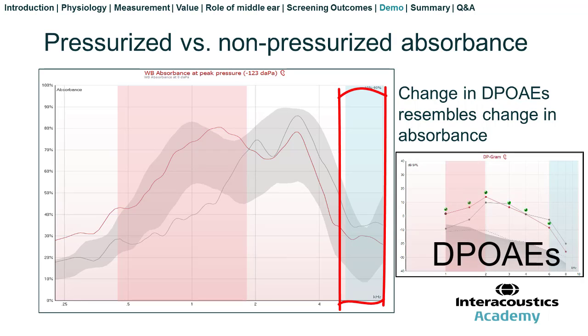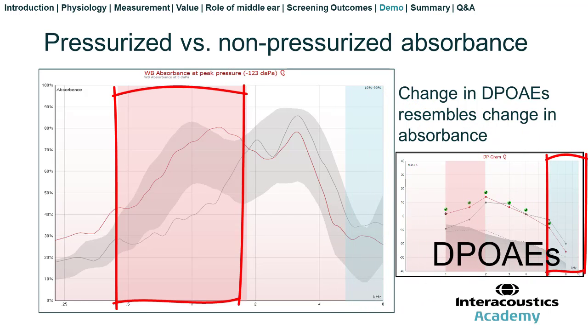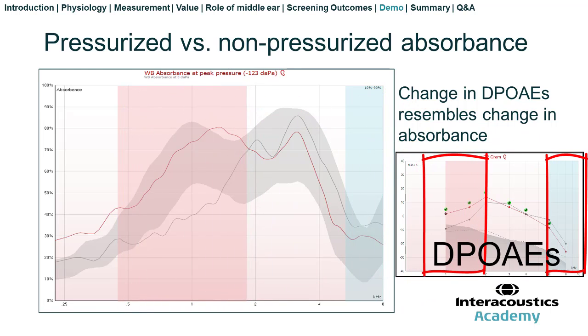And the blue shaded area is where your pressurized response is a little bit smaller. And you kind of see a little bit of correlation here to the absorbance view. The red line is the compensated absorbance value, and the gray line is the ambient pressure in the event of negative middle ear pressure. And yeah, sound conduction, as I mentioned, is degraded for low frequencies.